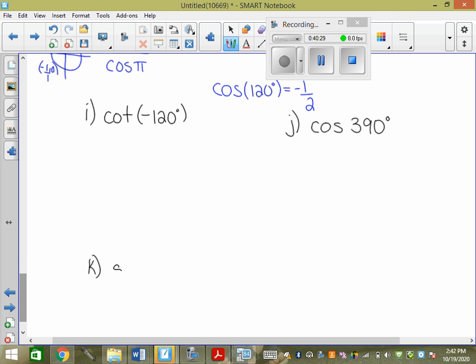K is going to be sine of 5 pi over 3. And L is going to be cosecant of 495 degrees.